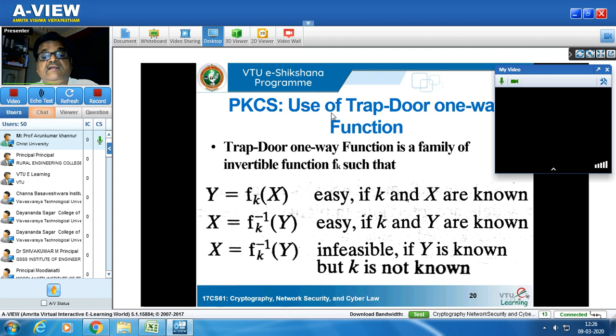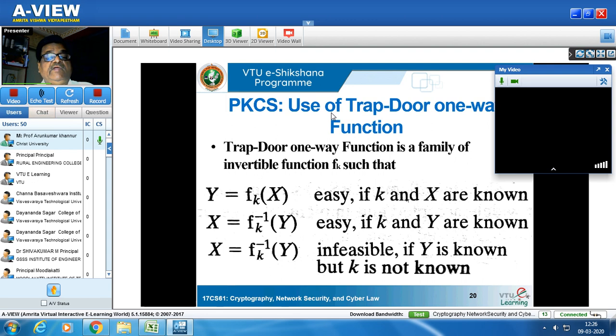If both k and x are known, where x is some plain text, then getting the value of y is easy. The inverse function of k applied to the y value which we calculated earlier, to recover the x value, is easy if k and y are known.